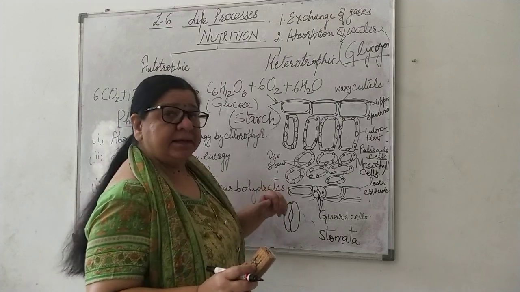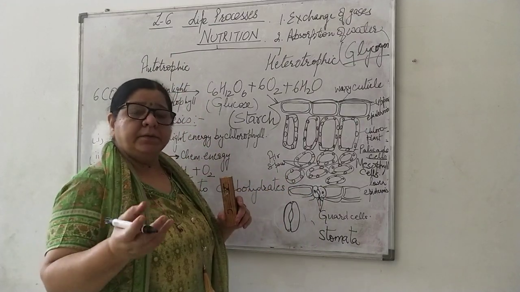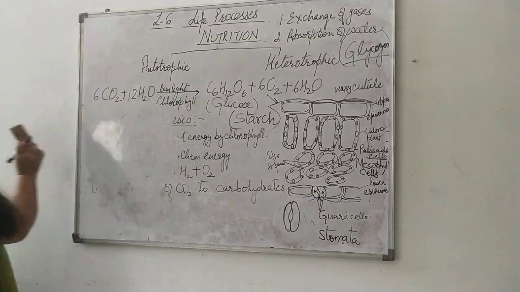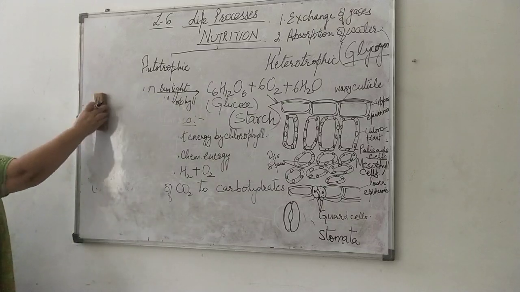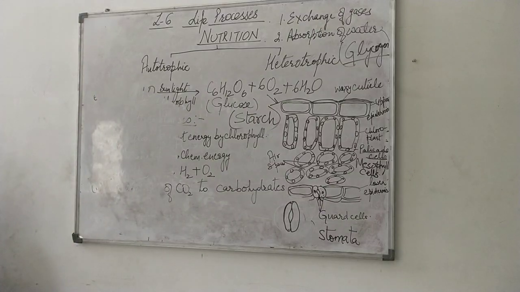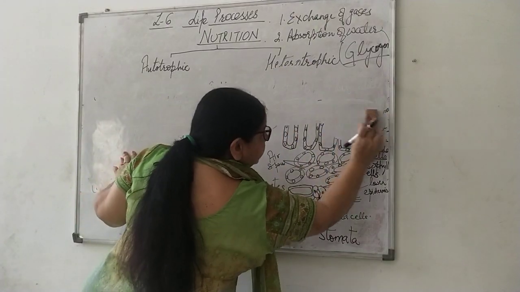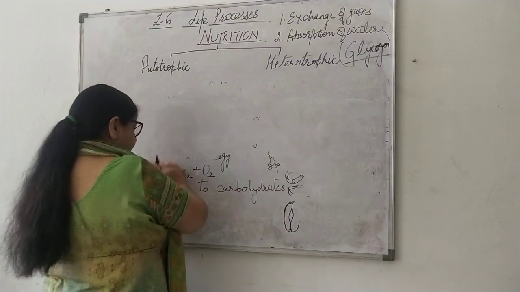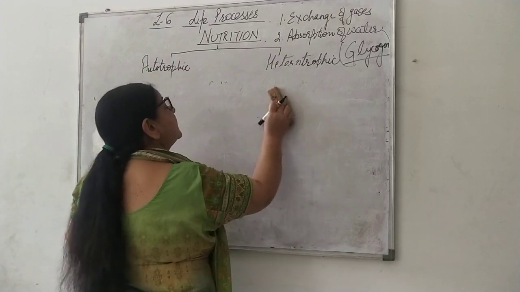Now in the desert plants, what happens? At night time, the desert plants take up carbon dioxide, right, and they prepare an intermediate, that is oxaloacetic acid.